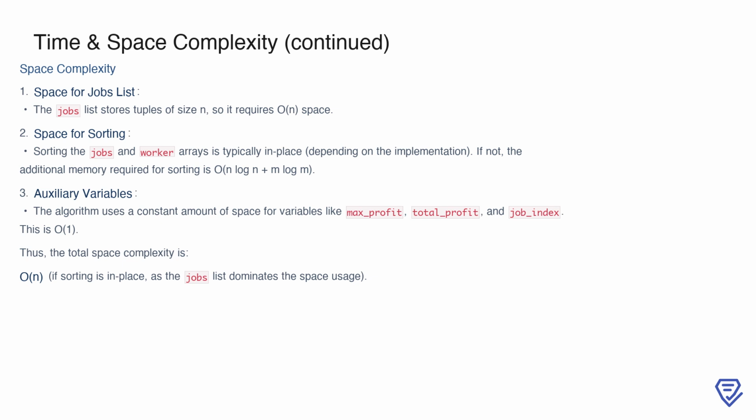Sorting the jobs and worker arrays is often done in place, meaning no additional memory is required, but if the sorting algorithm used does require extra space, it would add O(n log n + m log m). Additionally, the algorithm uses a constant amount of space for variables like max_profit, total_profit, and job_index, which is O(1). Since the jobs list is the largest structure in memory, the overall space complexity is determined by it, meaning the total space complexity is O(n), assuming in-place sorting.